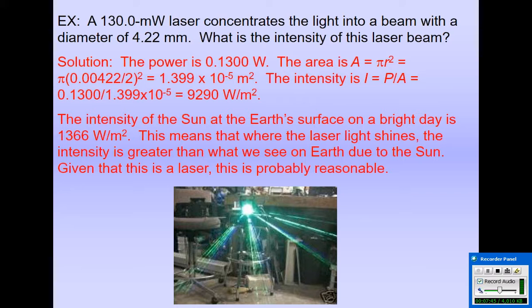But here we are on the Earth, 1,366 watts per square meter. So this laser, which has a very modest power, and for a laser, it's spread out over a relatively large area, is still something like 5 times brighter than the sun. You don't stare at the sun, you don't stare into a laser beam.